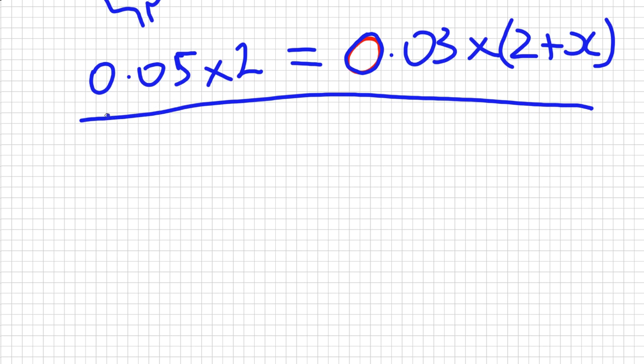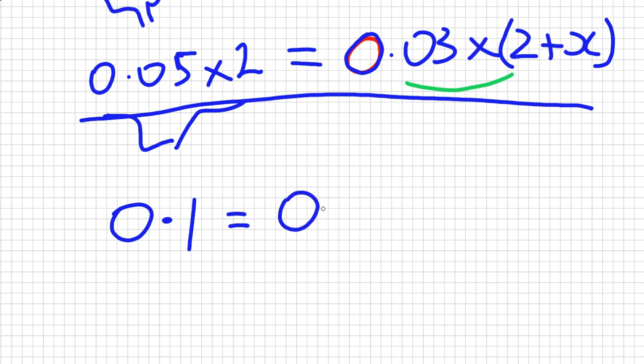So what I'll do first is I'm just going to evaluate this number. 0.05 times by 2 is 0.1. Then on this side, I have to expand these brackets. So first thing, 0.03 times by 2 is 0.06.